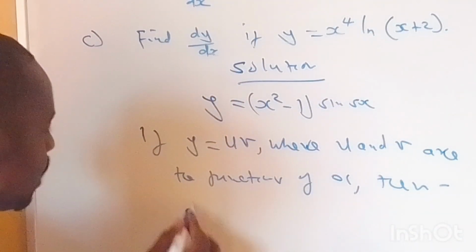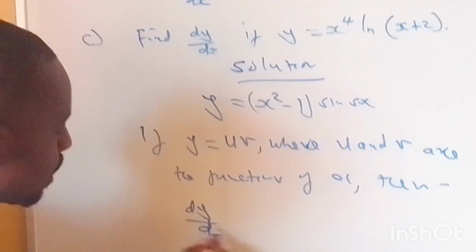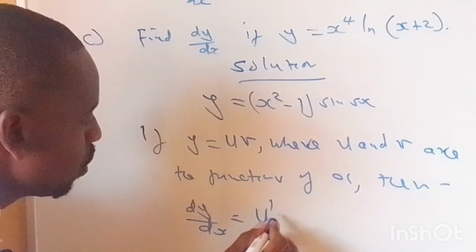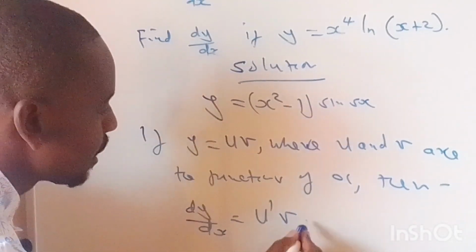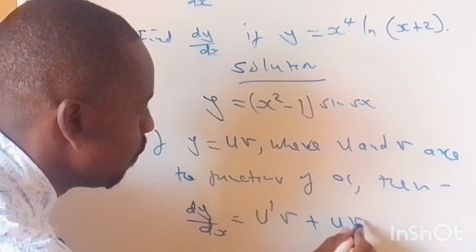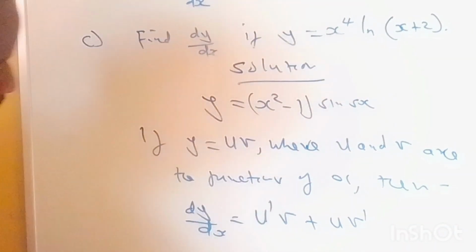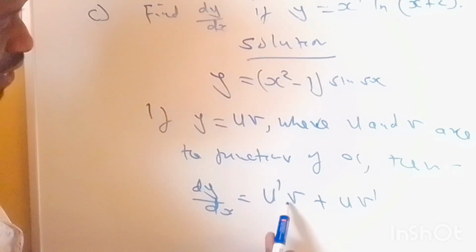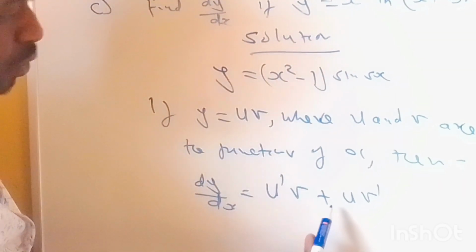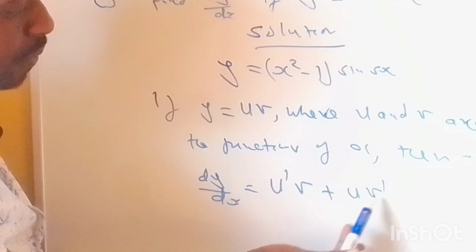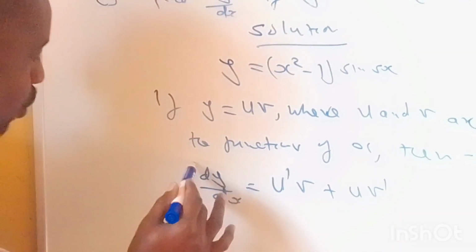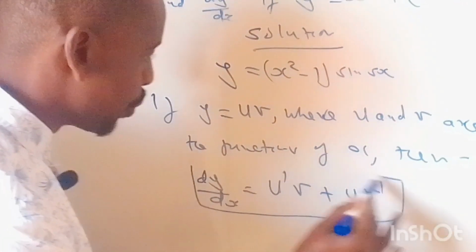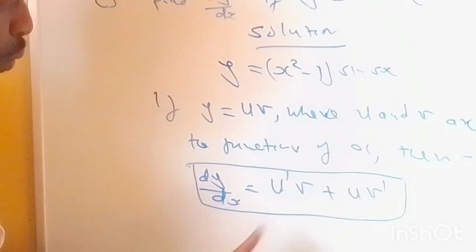Then dy over dx is equal to u' v plus u v'. That means you differentiate the u part, then you multiply by v. In addition, you take u, then you differentiate v. So this is the product rule that we want to apply.